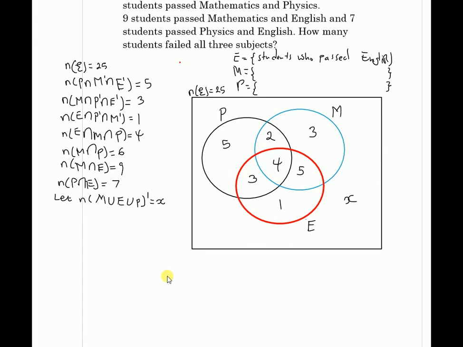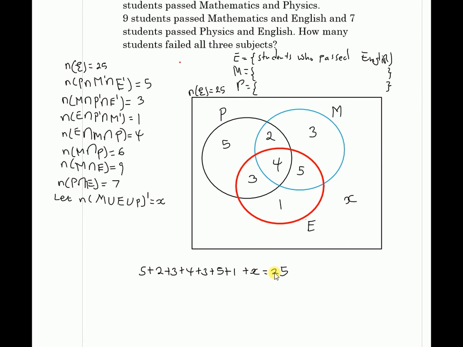Now, to find the value of x, we are going to add everything inside here and equate to 25. So we have 5 plus 2 plus 3 plus 4, and so on.